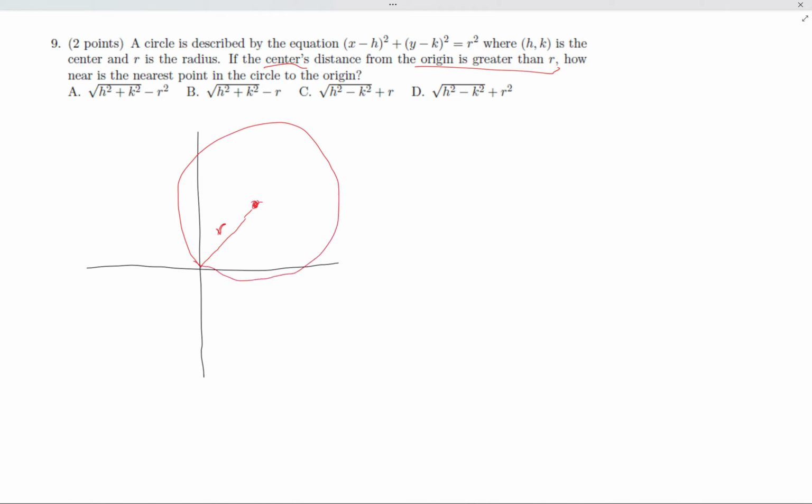The center is r units from the origin. So the only other circles that we can make are circles that are further out this way. We can have another circle right here for the same radius, and another circle for the same radius right there. Those are a lot of circles, but the point is this is the closest our center could get to the origin. So anywhere along this zone right here, we cannot draw any centers anymore.